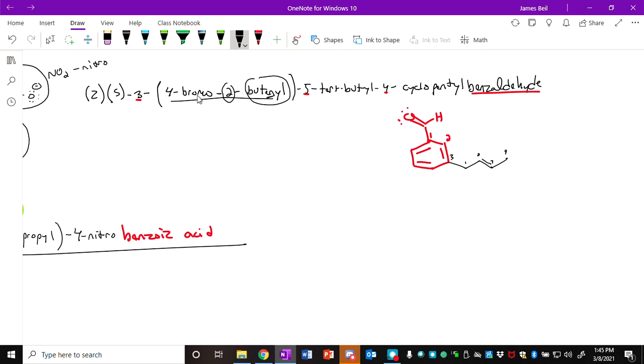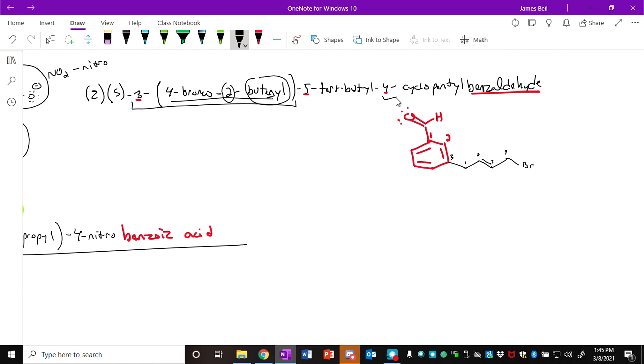And there's a bromine on 4, so on 4, I would put a Br. What I just drew here is a 4-bromo 2-butenyl group on carbon 3 of the parent chain. So that takes care of that substituent.